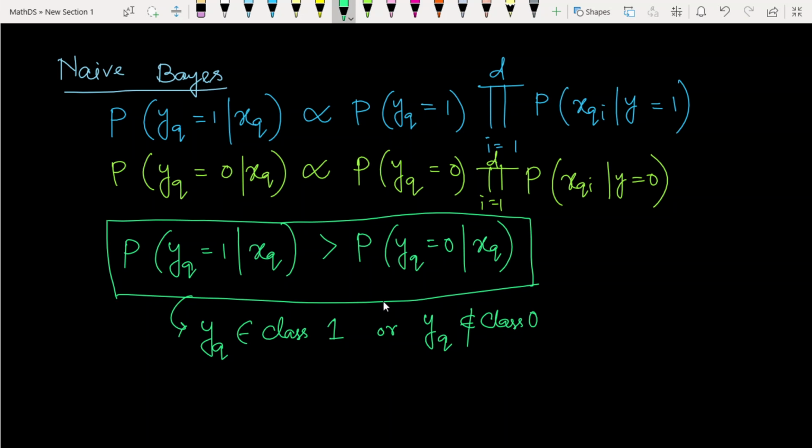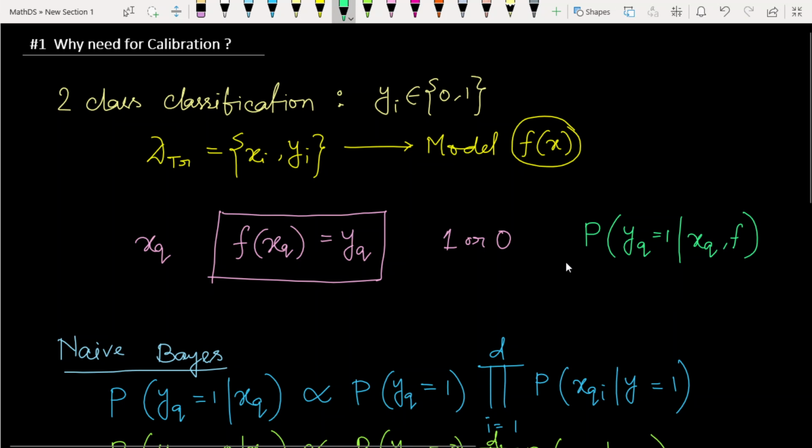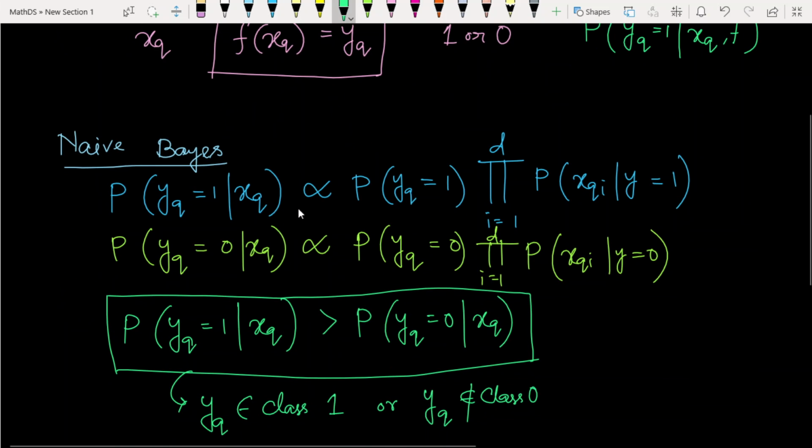But this probability is not the accurate probability, it is a proportional value. That's the drawback of this thing. We cannot use this probability here, since we have got only an approximate value.